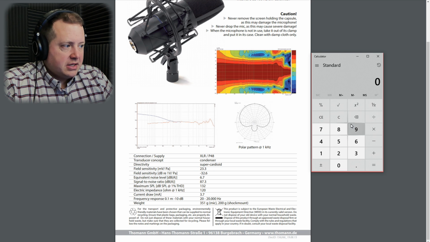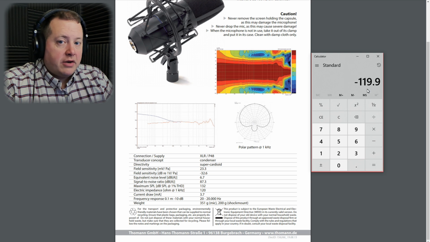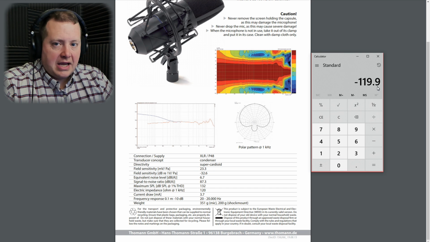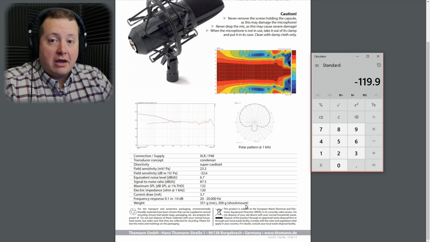So at negative 32.6, minus the signal to noise ratio, 87.3, that gives us negative 119.9 equivalent input noise. That's pretty low. So based on the specifications it gave us, we can calculate all of them.